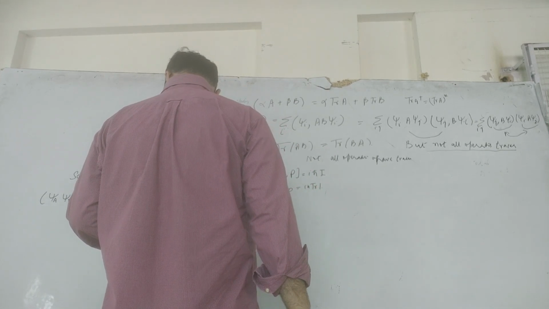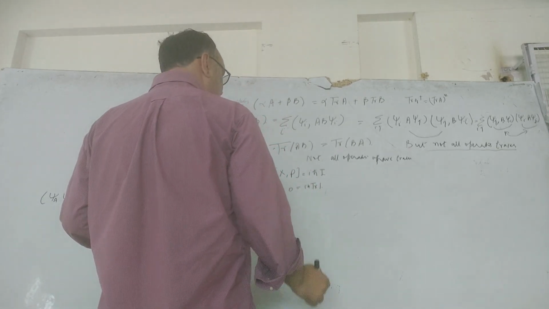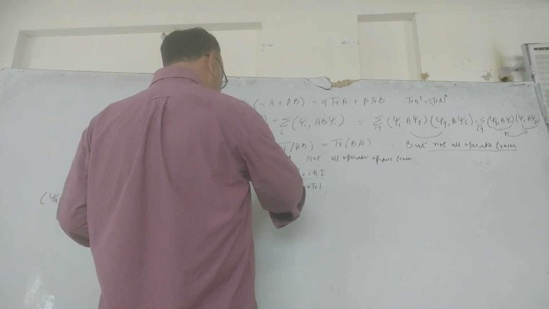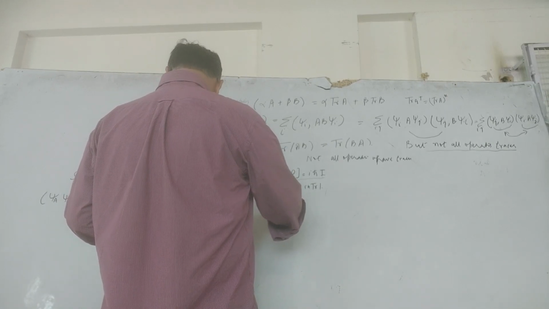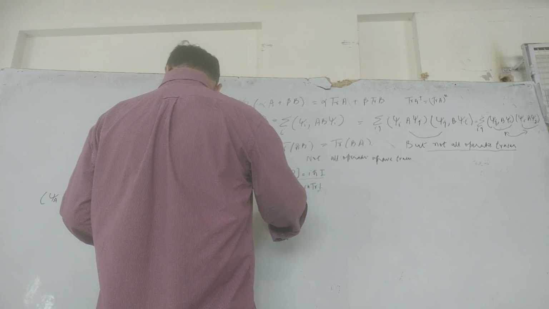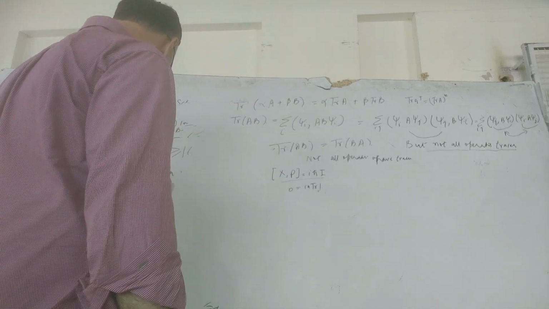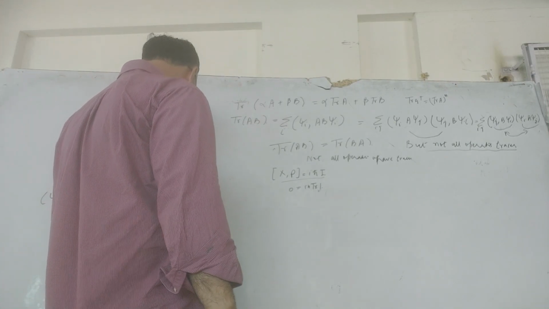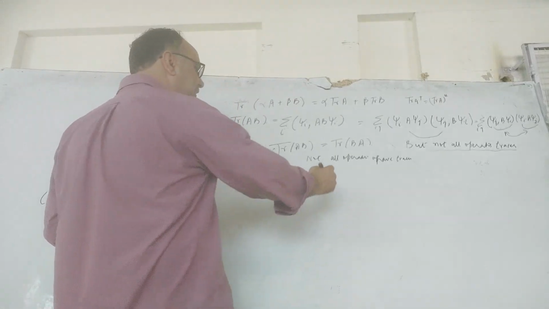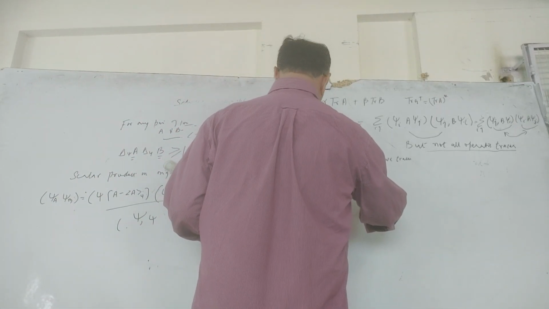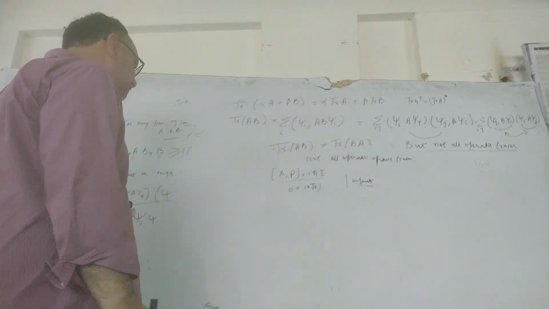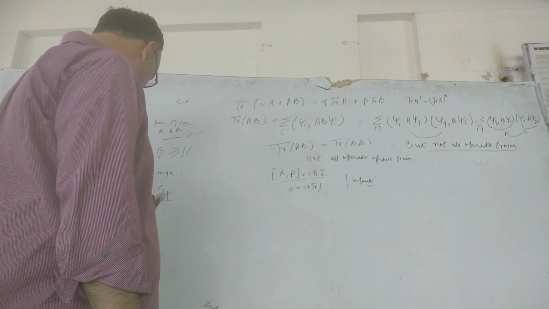So if a space satisfies this commutation relation, it will have a contradictory result that trace of 1 is equal to 0. Which means that Hilbert spaces with these commutation relations can only be realized in infinite dimensional Hilbert spaces, and the traces do not exist. That's the point.